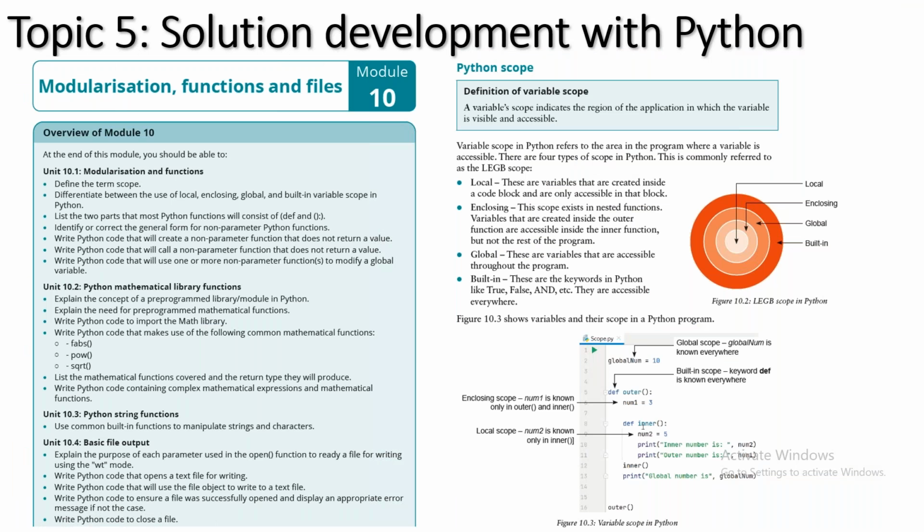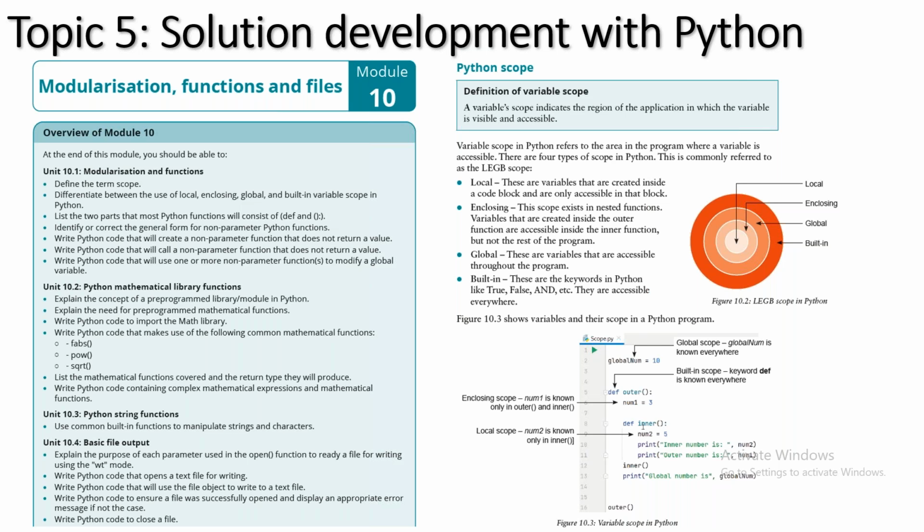The next module is module 10, where we put it together with modularization, functions, and then we also brought in files from earlier on. So here we explain in our book exactly what modularization is, what are functions.